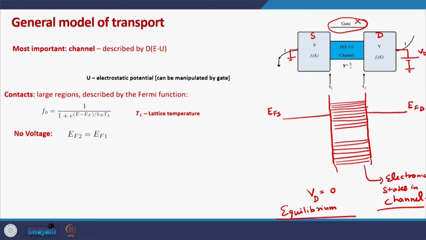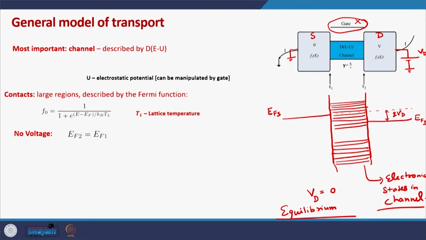But as soon as we apply a voltage on the drain terminal, as soon as we connect a battery across the source and the drain, that will essentially bring down the drain Fermi level. And this we have seen multiple times by now, that the drain Fermi level will come down to this energy level. EFD is here, and this is equal to q times Vd, where Vd is the applied drain voltage.